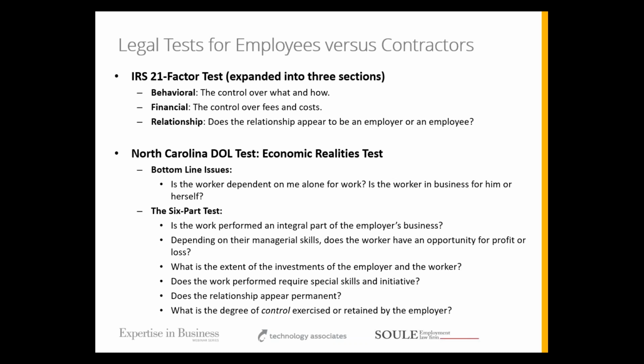Am I giving them a job title, for example? Do I give the worker business cards with my company logo on it? Or do I give that worker a t-shirt to wear with my company logo on it? So am I holding that person out to the public in a manner that looks and feels like an employment relationship?